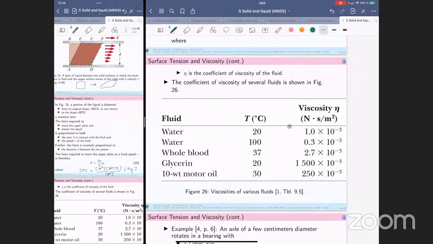For example, water at room temperature is 1 by 1000, right? 10⁻³ Newton second per square meter, and water at the boiling temperature is only about 0.3 times 10⁻³. So what is the reason behind it? What is the reason why the same water has lower viscosity at higher temperature?